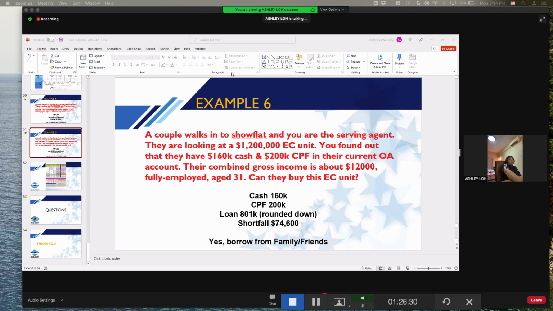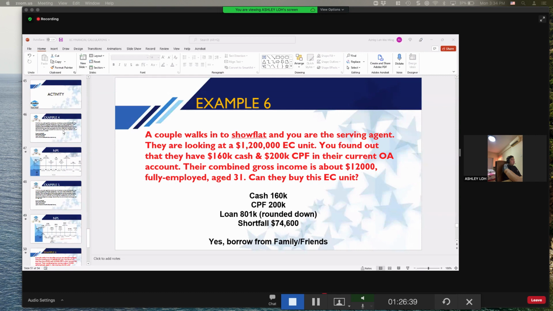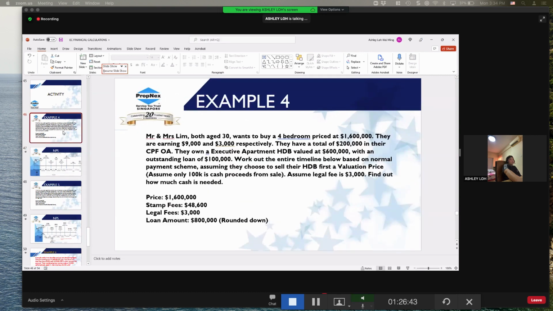Okay, Josephine asked buyer stamp duty need to come out example 4 again, please. I should go example 4 first. Example 4 as in you want the calculation here or you want the question? Question, okay.